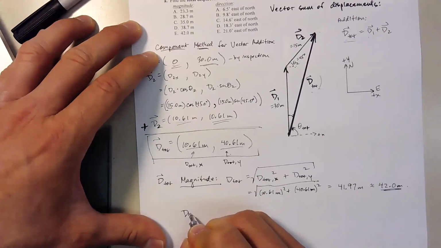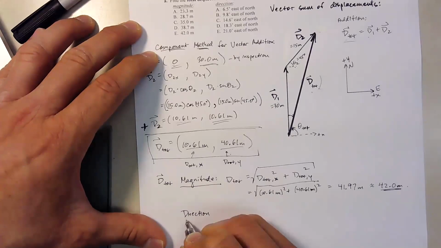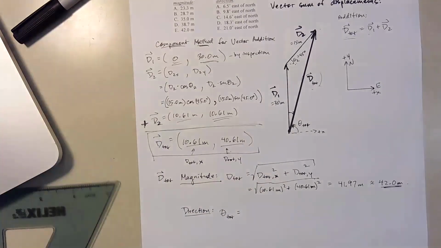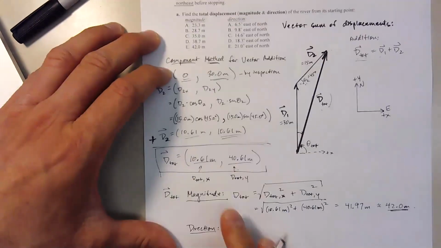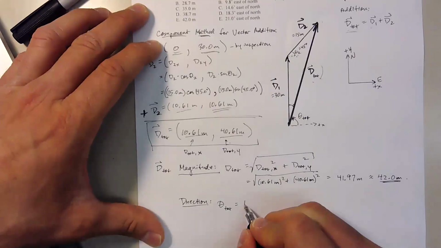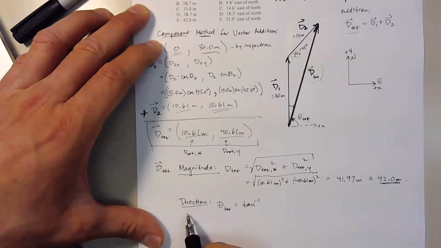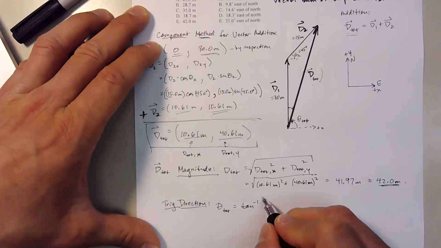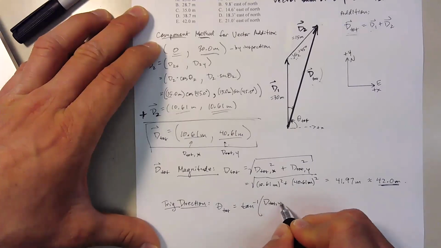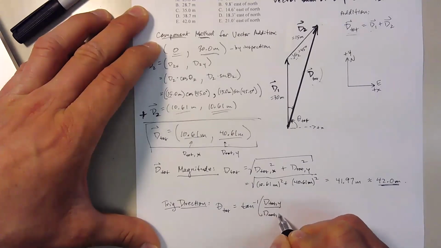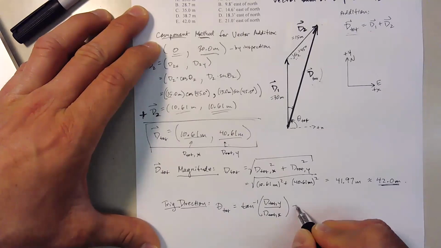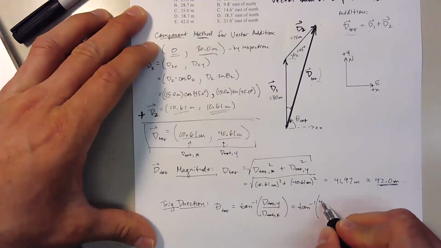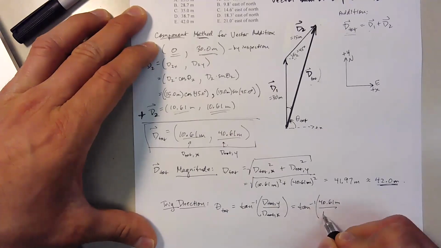And then direction. We have a nice cookbook formula. If we know the x and the y components of a vector, then we can get the trig direction of the vector by taking the inverse tangent of the y component over the x component.